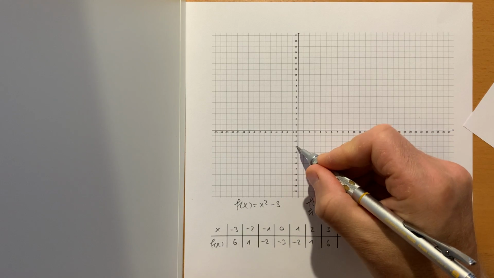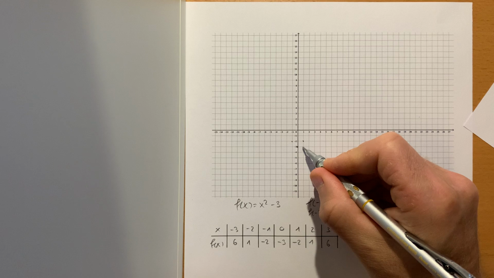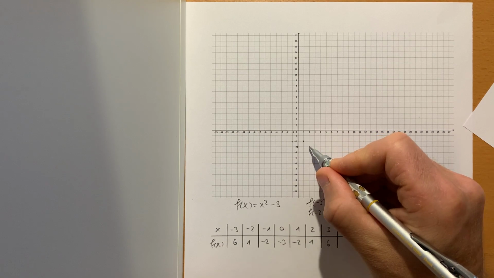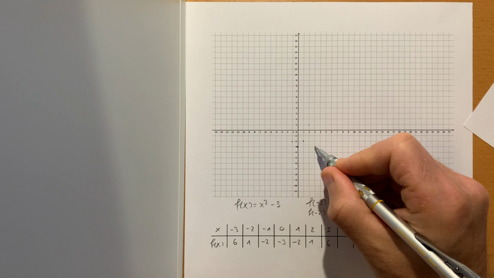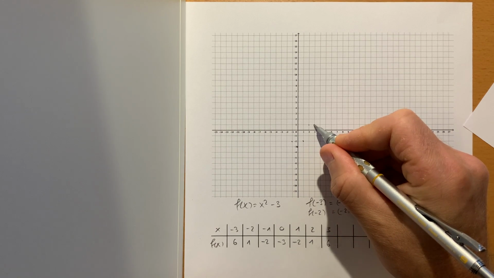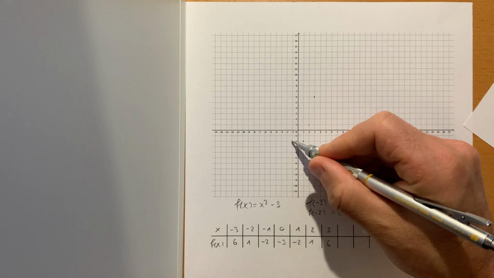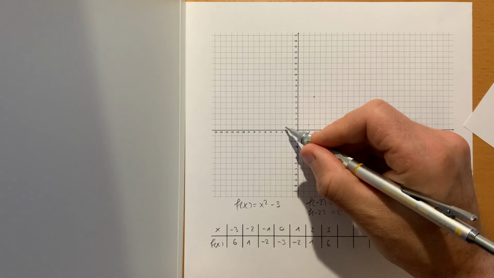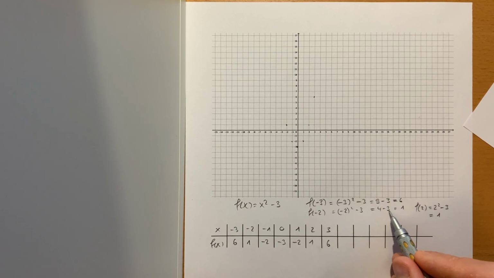And now what's going to happen? Well, it starts down here. And see, 1 to the right, 1 up, 2 to the right, now 4 up, and 3 to the right, 9 up. So it's going to be 6. Here, 1 to the left, 1 up, 2 to the left, 4 up, because when you do 2 to the left, it's 4, but then minus 3.